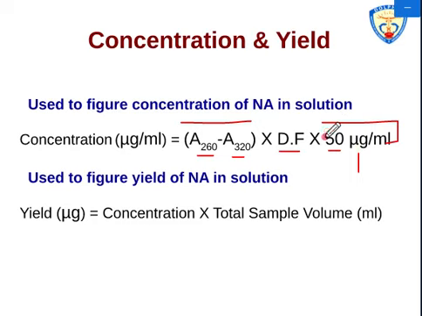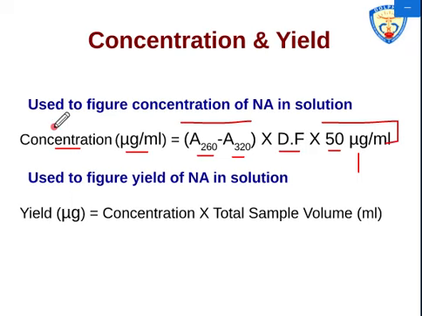So this value multiplied by the dilution factor multiplied by the final absorption, that is absorption at 260 minus absorption at 320, gives us the concentration of nucleic acid in a solution in micrograms per ml.